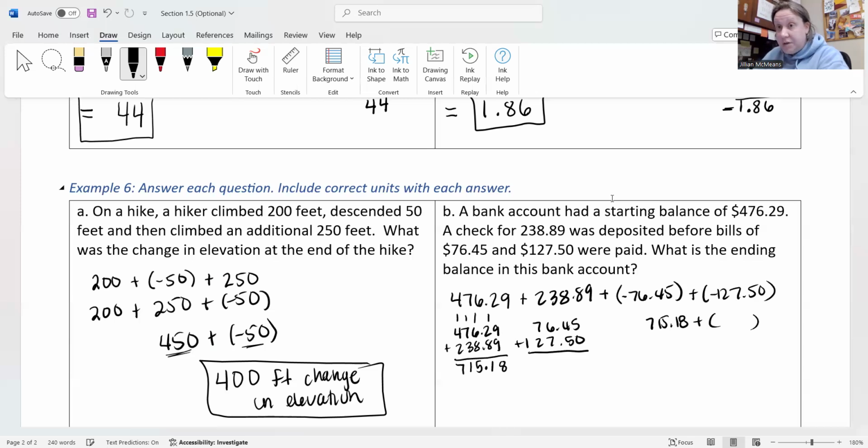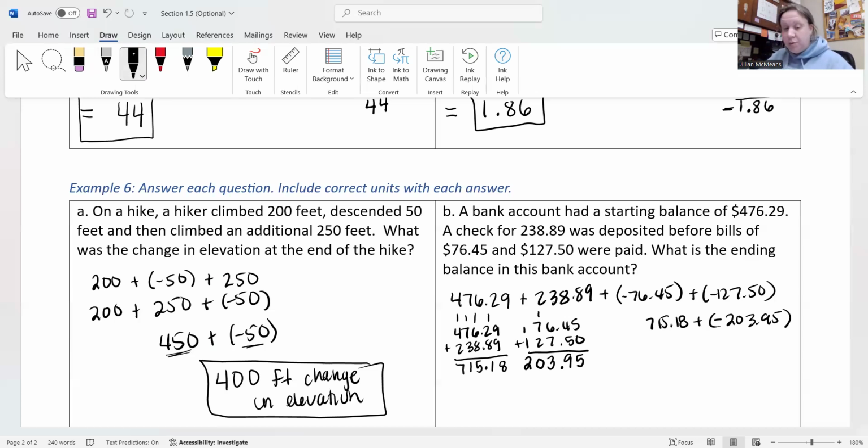They're two numbers that have the same sign, so we're going to add and then just keep it negative. 5 plus 0 is 5. 5 plus 4 is 9. 7 plus 6 is 13, so keep a 3, carry a 1. 1 plus 7 plus 2 is 10, so keep a 0, carry a 1. 1 plus 1 is 2. So we're going to add negative 203.95.